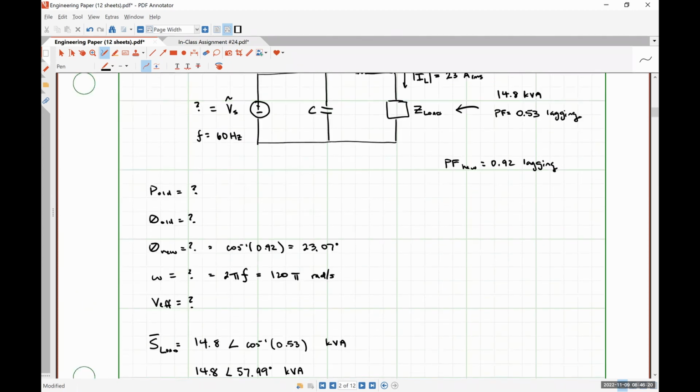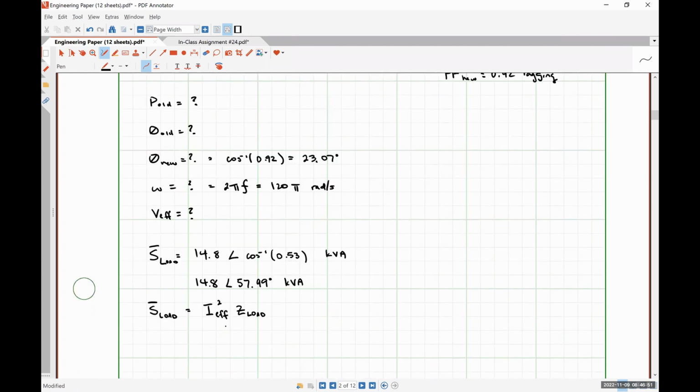So if S is equal to V RMS phasor times I RMS phasor conjugate, and Ohm's law tells us that V RMS phasor is I times Z, then we have I RMS phasor times I conjugate RMS phasor times Z, or the magnitude of the current squared times Z. We know S load, we know I effective, we can now solve for Z. Is that not the method you were intending to use?